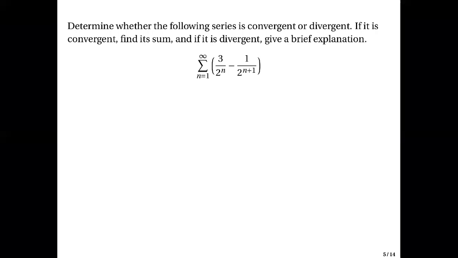So this series here, we rewrite as the sum as n runs from 1 up to plus infinity of 3 over 2 to the n minus the sum n from 1 to plus infinity of 1 over 2 to the n plus 1.